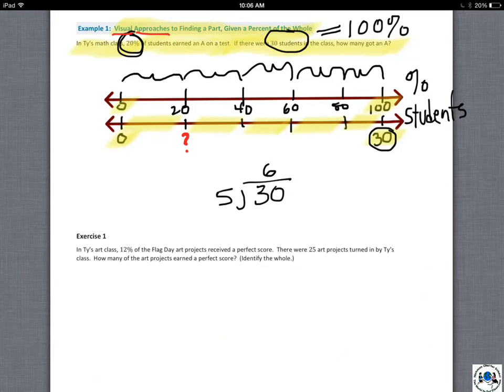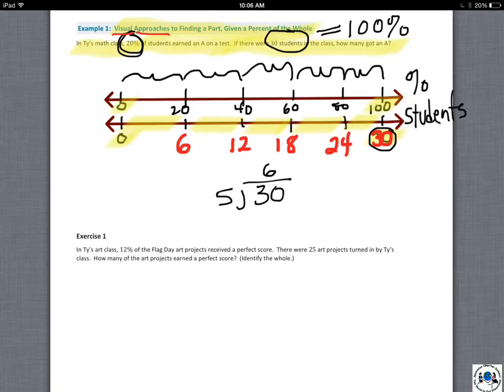On the top number line, the percentage number line, each of those sections was equal to 20%. Below that, on the student number line, each of those equivalent sections is equal to 6 students. So at that 20%, we have 6 because that's our first section. And then we have 12, and then 18, then 24.